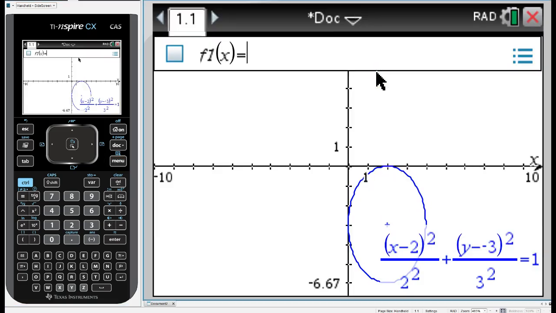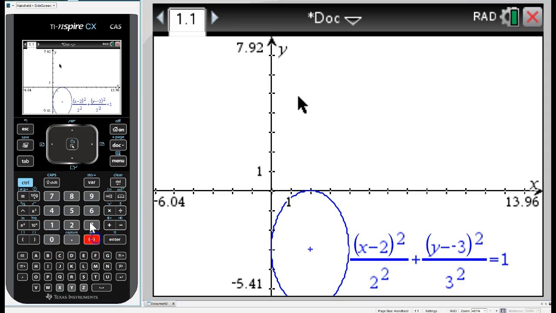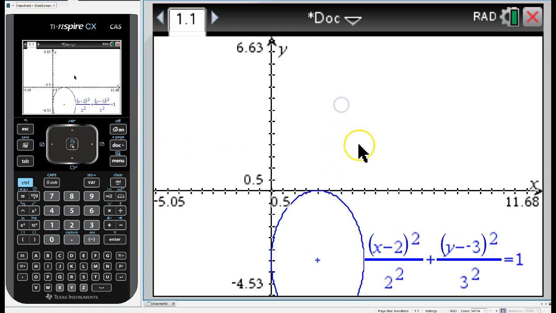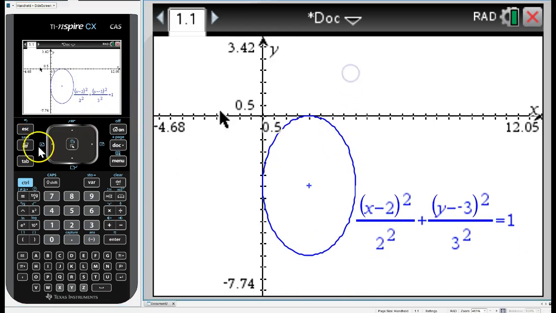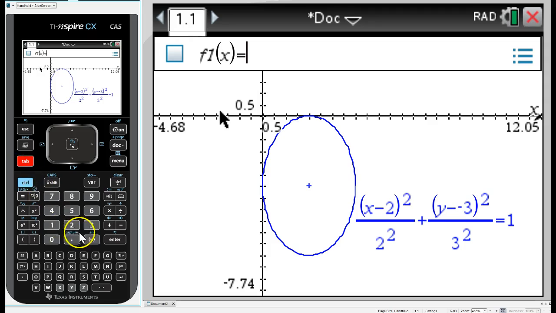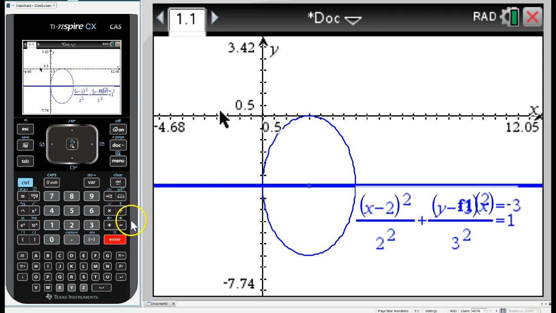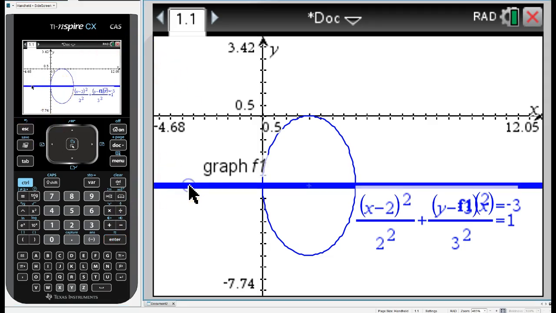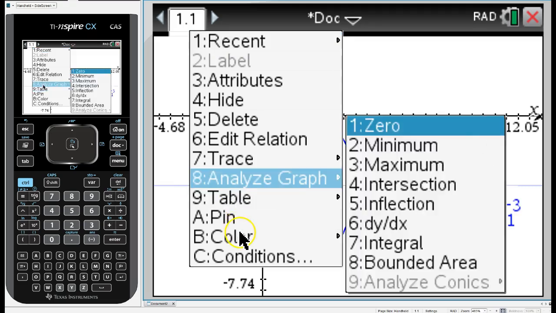Let's try y equals negative 3. Heads up, folks, heads up. Okay, I'm going to graph y equals negative 3, and that's going to give me the minor axis. I'd like to change that color for us.